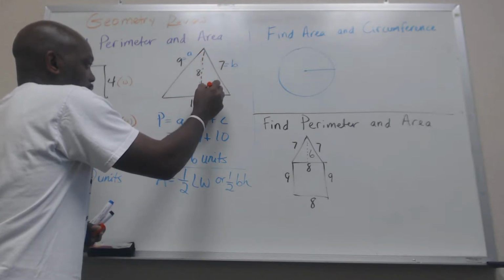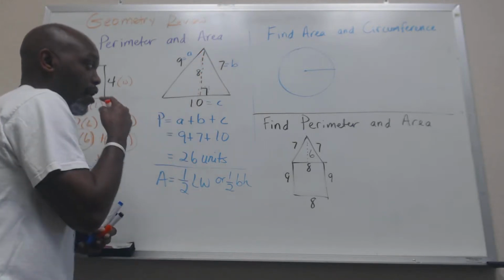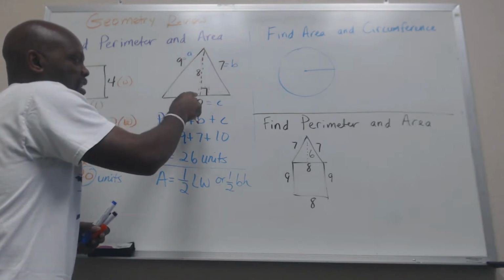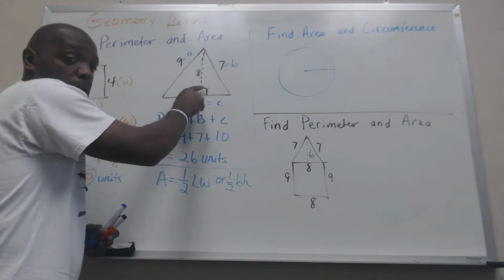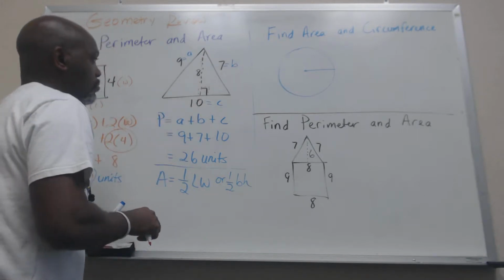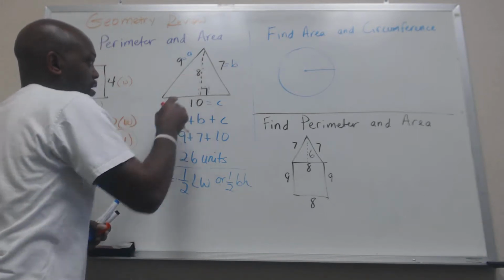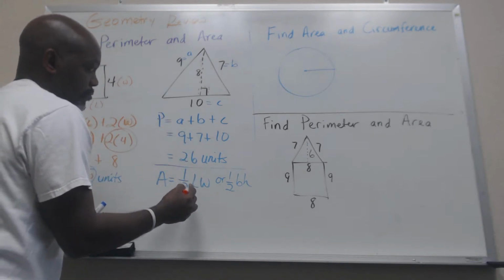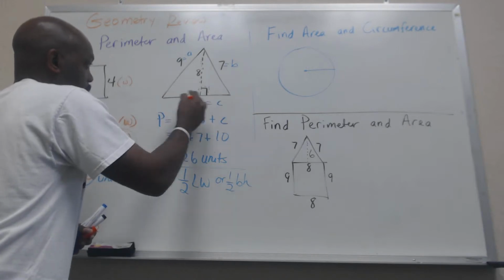It almost makes like an H right there, including the right angle. So where the top and the bottom of the triangle meet to make a right angle is your height. Okay? Or in this case, your length and then your width.